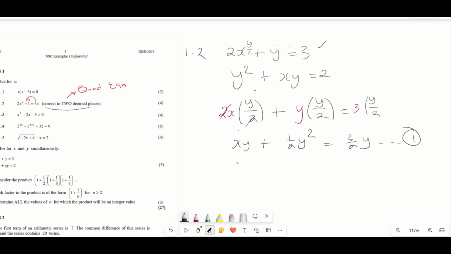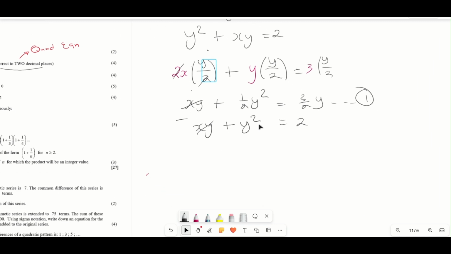Then my second equation will come from y squared plus xy, which is equal to 2, right? Then I can subtract, and these two will cross cancel.